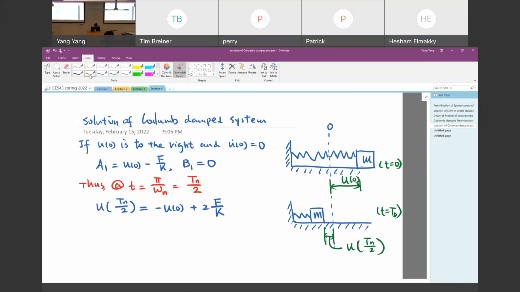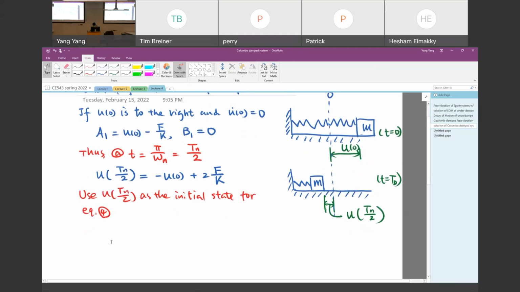We use the initial state for equation 4, because equation 4 is for the motion from left to right.